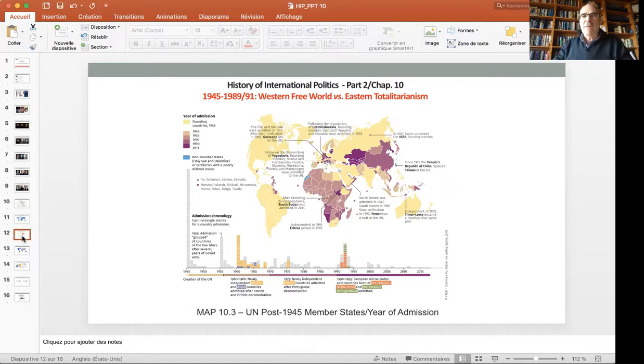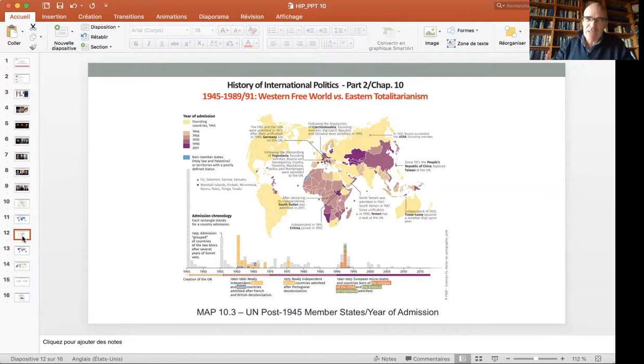The pluralist conception, ladies and gentlemen, and the just war doctrine, which became a norm, triumphed in 1990, 1991, during the crisis provoked by Saddam Hussein's invasion and annexation of Kuwait.